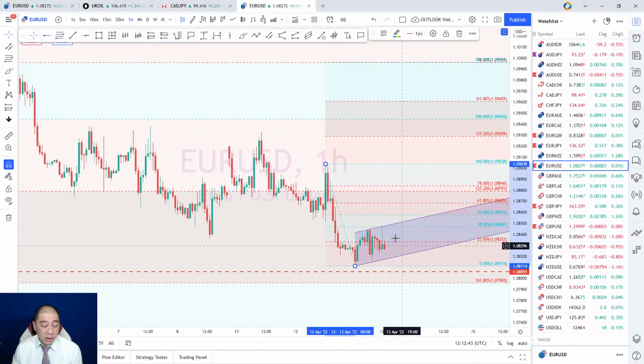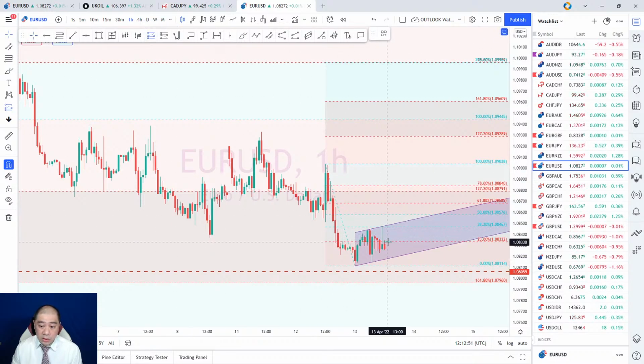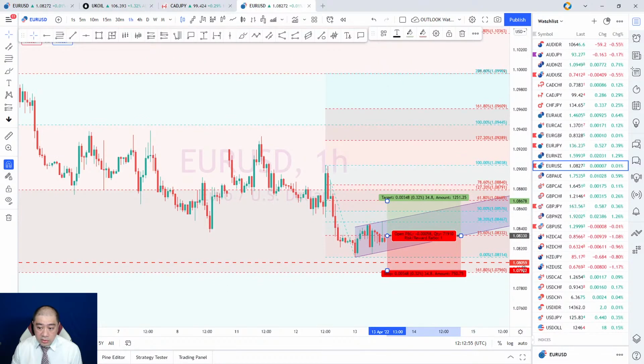So on the hourly, if you want to go long intraday, you can aim for the 61.8 to 50% correction. Stop losses should be below 1.0805. I don't want to have it any further than 1.0795. In terms of target, that's pretty much it. In terms of risk to reward ratio, you're looking at about 1 to 1.